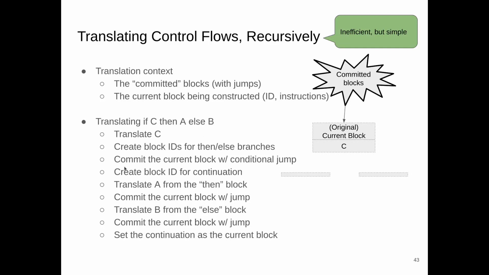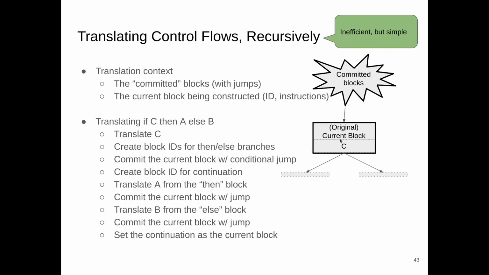And third, now you're going to commit the current block. Here, the current block has finished its translation. After translation of the C, there will be no more instructions executed in this block, because it is going to jump to the next block depending on the value of C. If it is true, it is going to jump to this block.